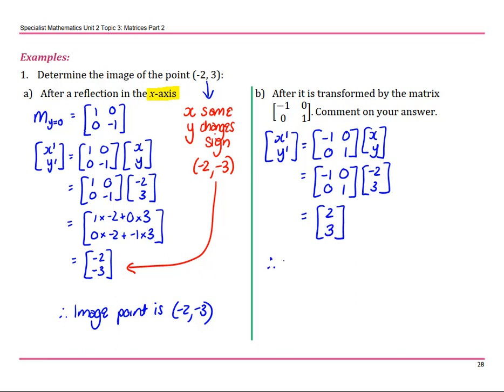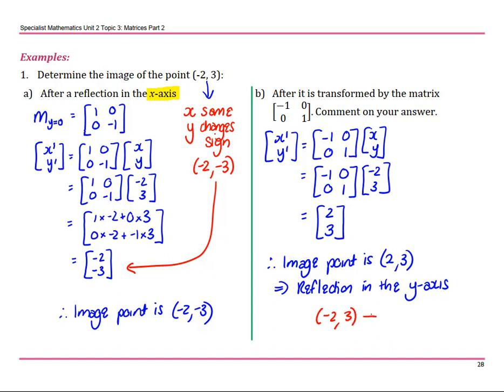So therefore the image point is 2, 3. And that's a reflection in the y-axis, because negative 2, 3 went to 2, 3. So our x's have flipped, but our y's have stayed the same.